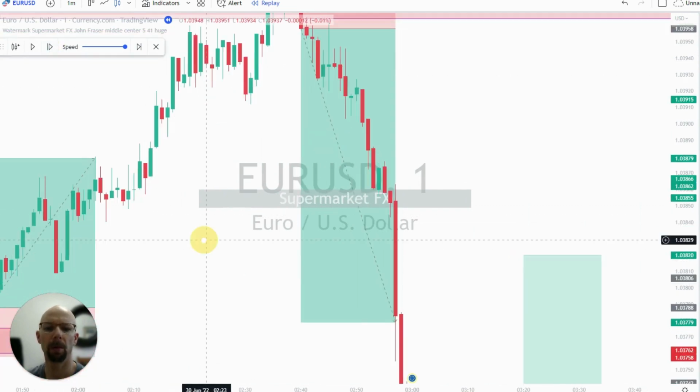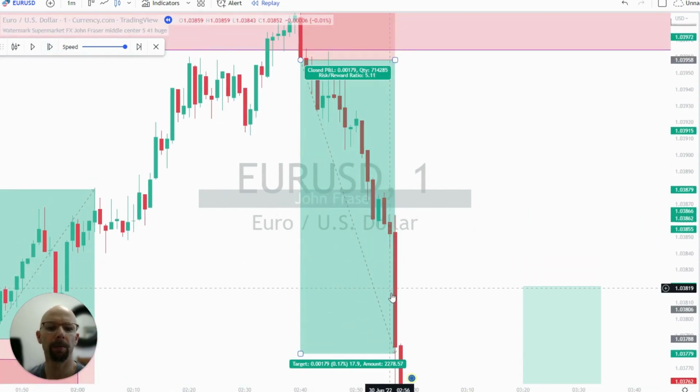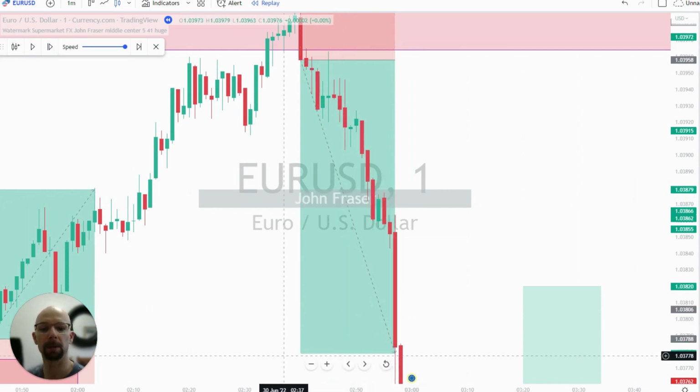Oh, there we go. So this was a 1-to-5, which was a fantastic trade. So you would have taken a couple partials if you wanted to. You have to decide what works best for you. And this was another great trade.